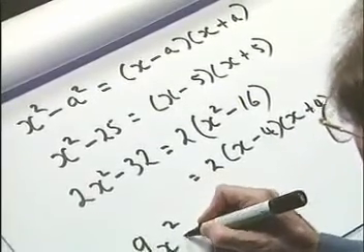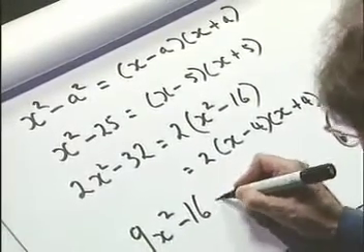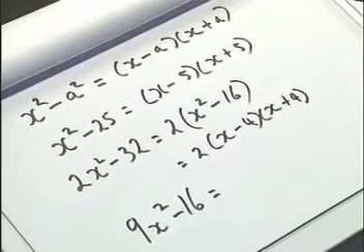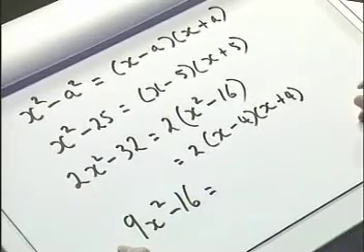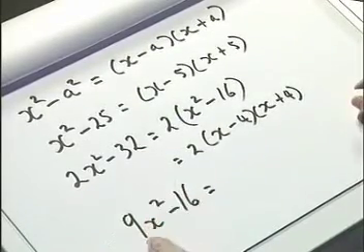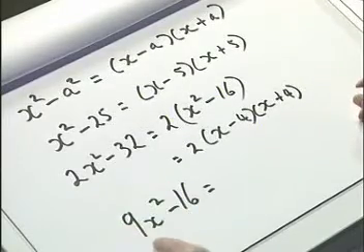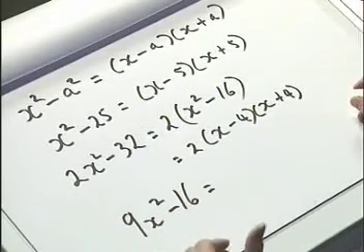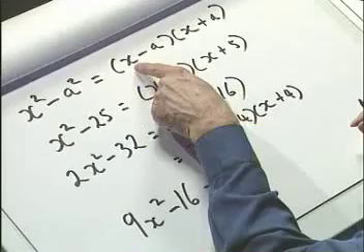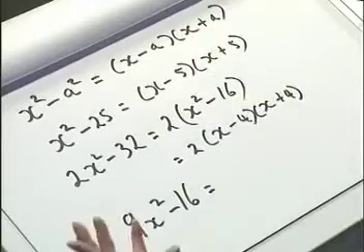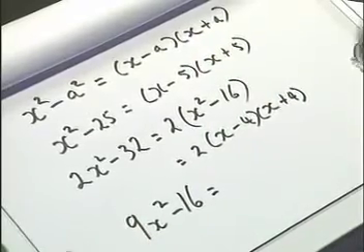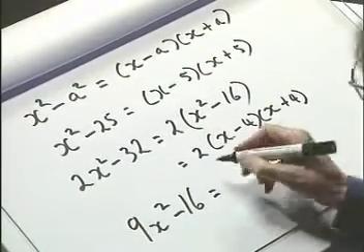Supposing we had 9x squared minus 16. What about this one? Again, look at this term here, 9x squared. It is a complete square. It's 3x times 3x. So instead of just working with an x, why can't we just work with a 3x? And of course, that's what we are going to do.